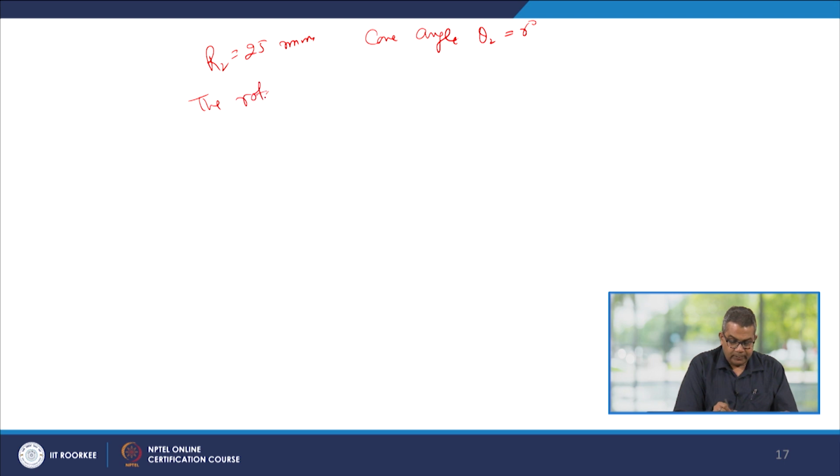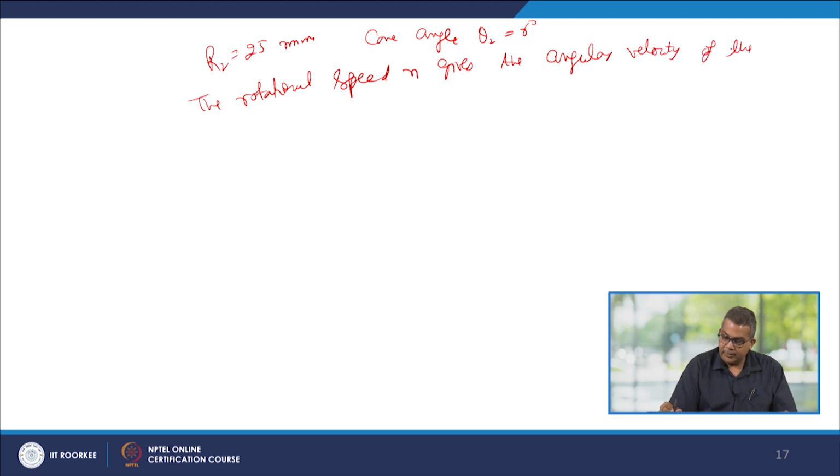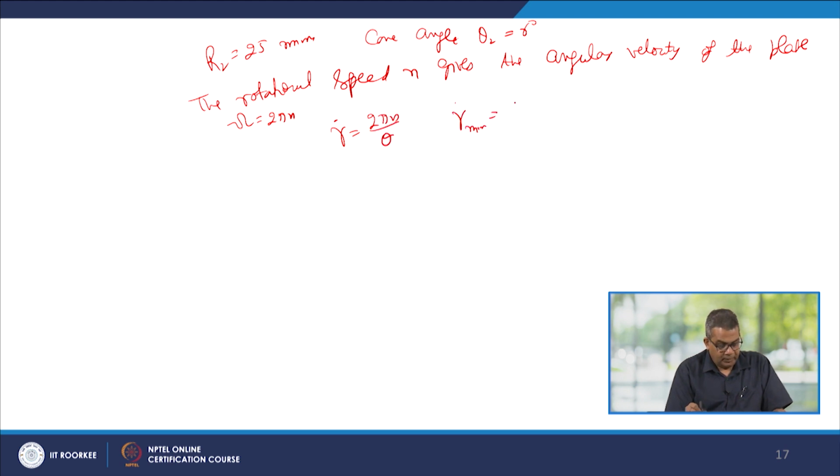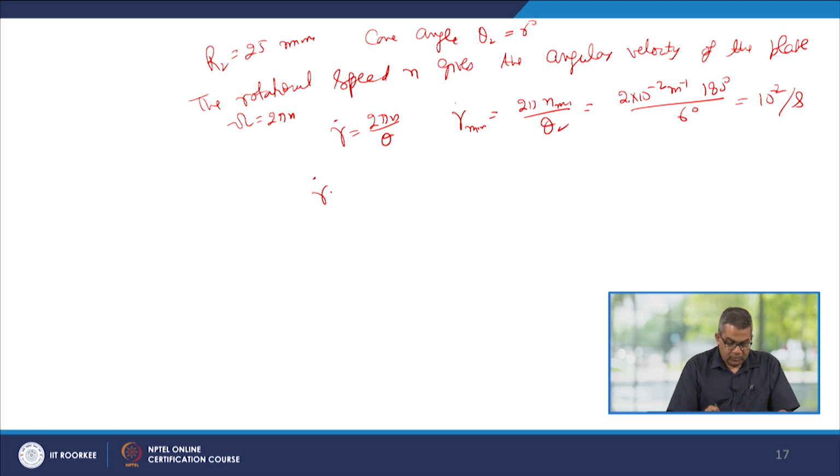So, the rotational speed n gives the angular velocity of the plate, omega is equal to 2 pi n, and the minimum and the maximum shear rate of the cone plate geometry can be determined by gamma dot is equal to 2 pi n over theta. Gamma dot minimum is 2 pi n minimum over theta 2, which if we substitute, 10 to the power minus 2 over 180 degree times 6, comes out to be 10 to the power minus 2 per second, and gamma dot maximum is 2 pi n maximum over theta 2, which is equal to 10 cube per second.